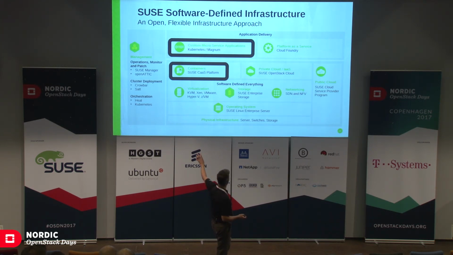The picture here shows the different solutions that SUSE brings to market nowadays on top of open source. So we sell support and management of these layers. Obviously, we've had the infrastructure. We've now got into storage and software-defined networking. We have OpenStack and have had for a long time.